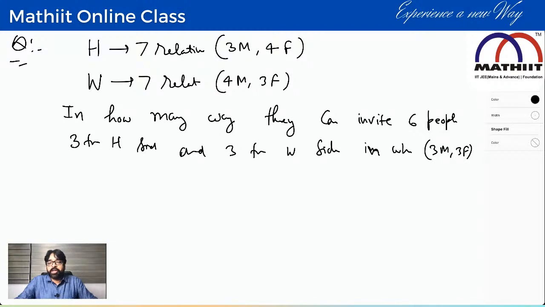Everybody understood the question? Let me see who can give the answer. I will give you two to three minutes. This was a 4 marks question in JEE, in the days when JEE Mains and JEE Advanced did not exist. It was a subjective type of question.